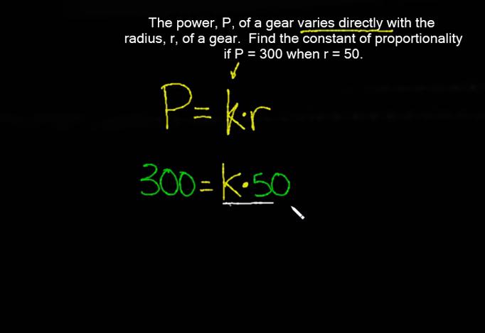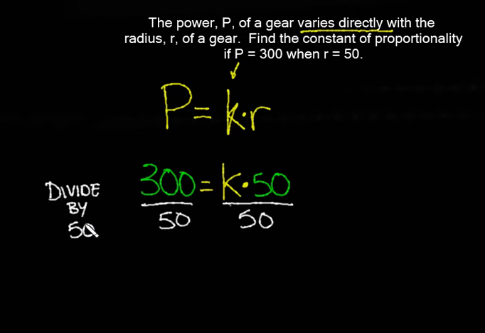To get rid of this 50, you do the opposite of multiplying: divide both sides by 50. The 50s cancel out, leaving just that K. On the left-hand side, 300 divided by 50 is 6. Yay, we figured out our constant of proportionality.